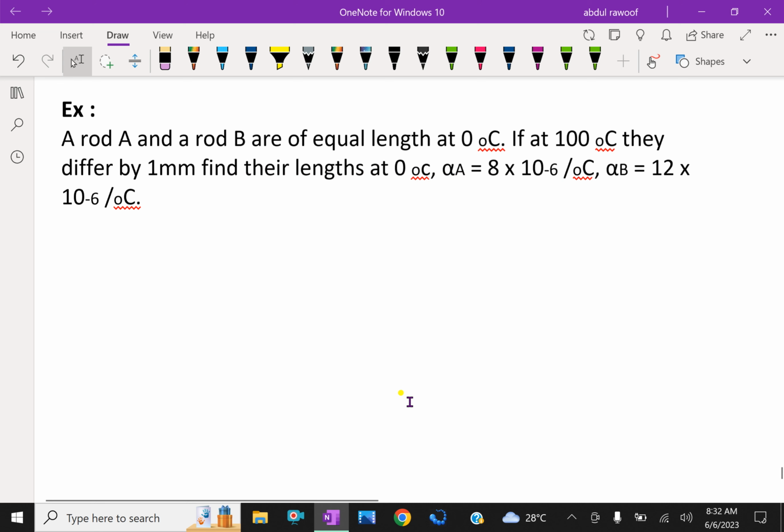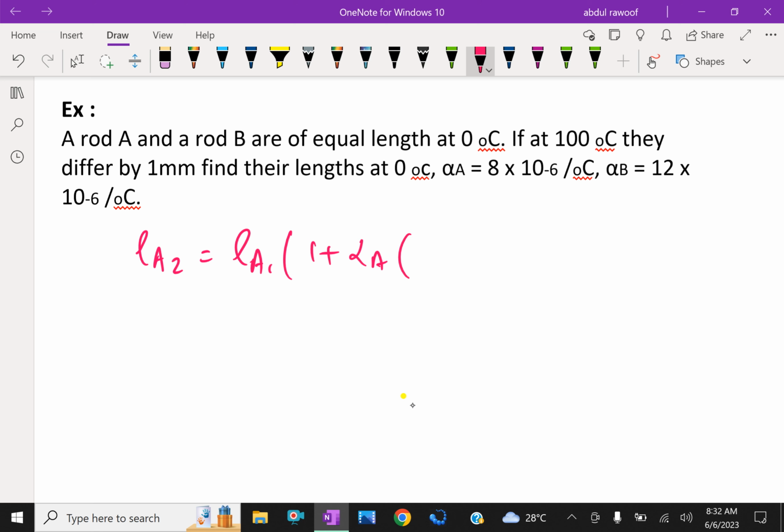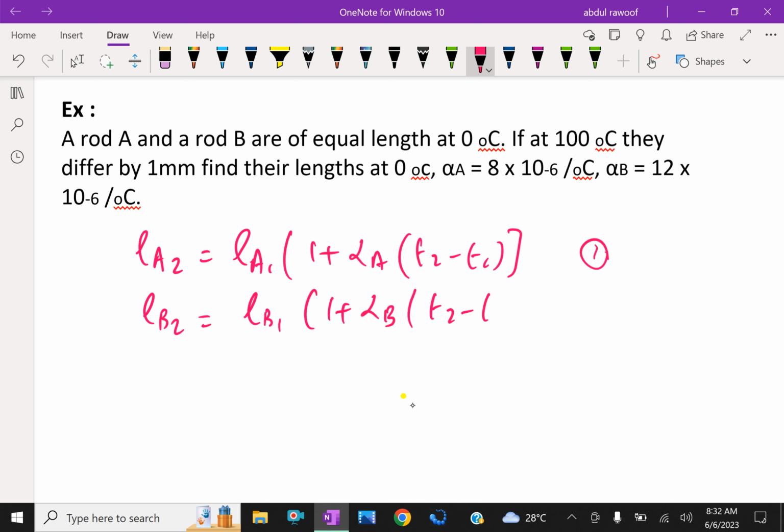So for rod A, LA2, the final length of rod 2, is the initial length LA1 times 1 plus alpha A times T2 minus T1. And for B, therefore LB2 equals LB1 times 1 plus alpha B times T2 minus T1.